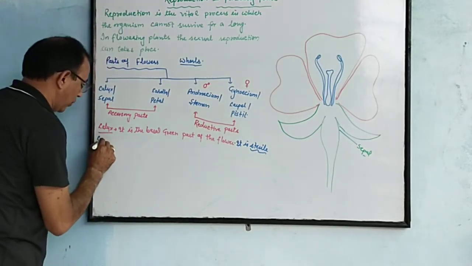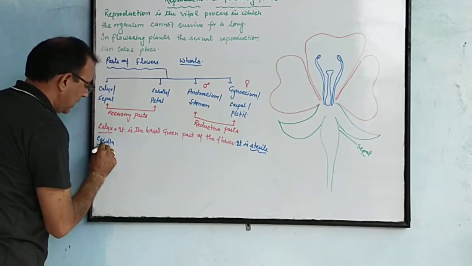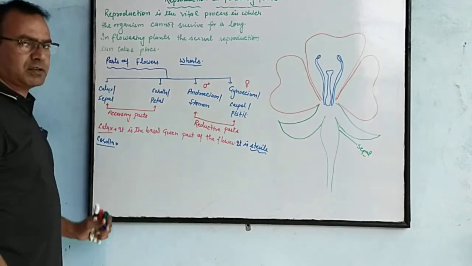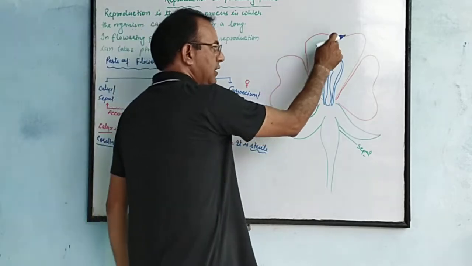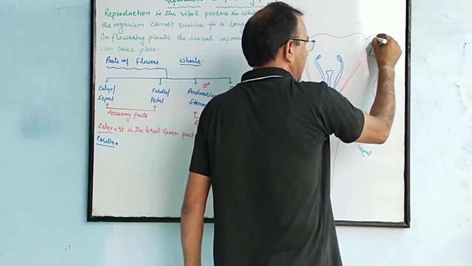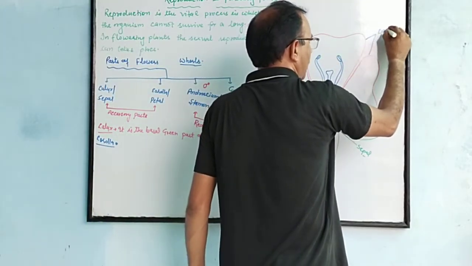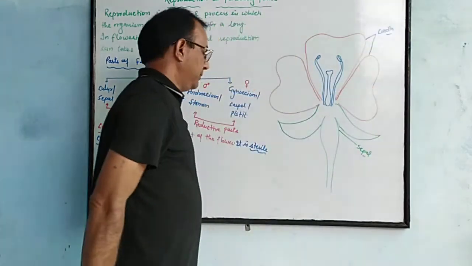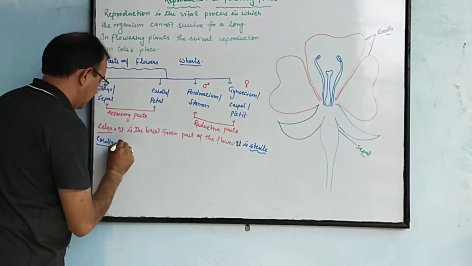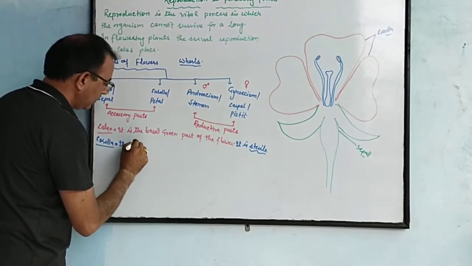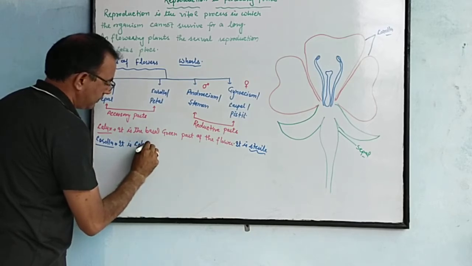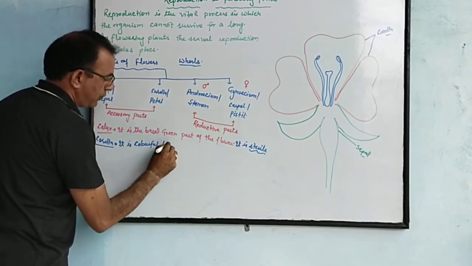The next one is corolla. A flower consists of colorful leaves. What are the colorful leaves of a flower called? Corolla, and you can say that petals.